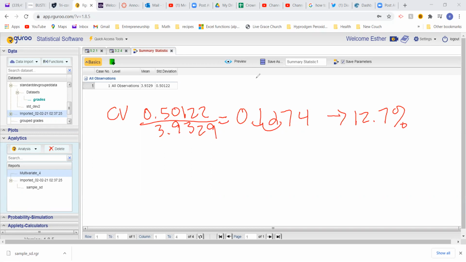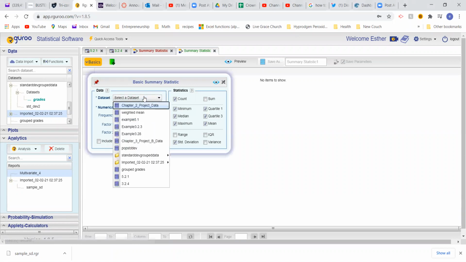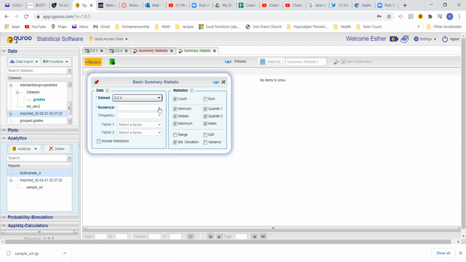I'm going to clear that though. So remember that A was 12.7%. Now we're going to go in and also run the summary statistic on variable 2. So 3.24 variable 2. Again, all I need is the standard deviation and the mean.